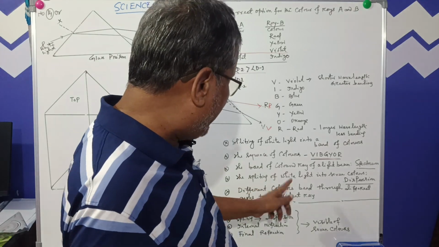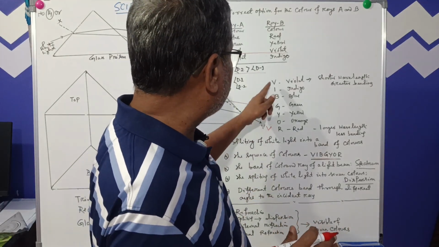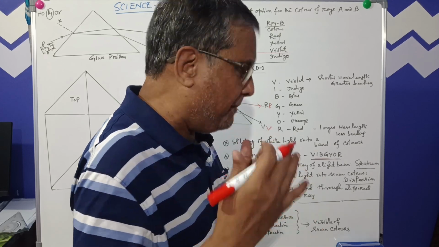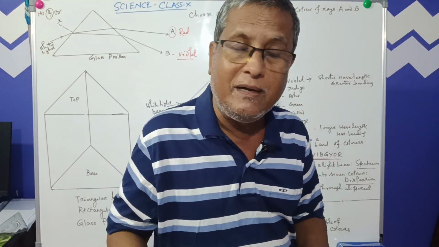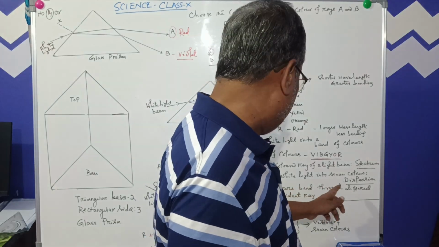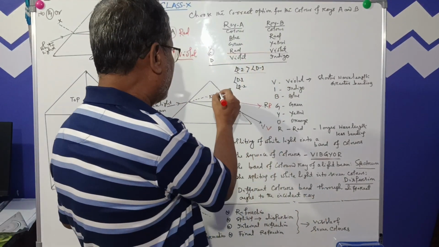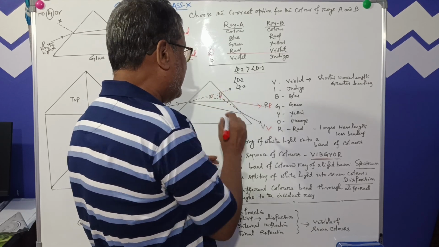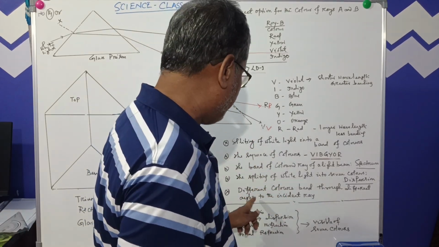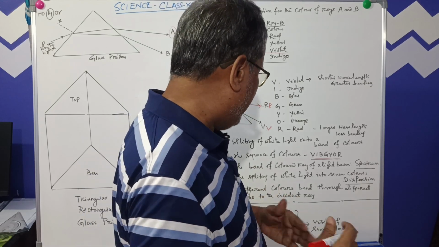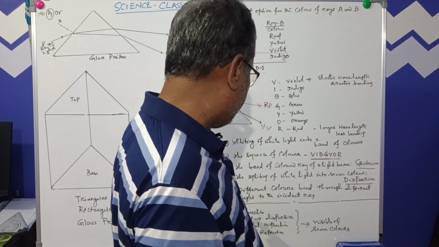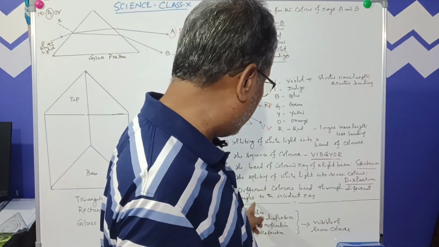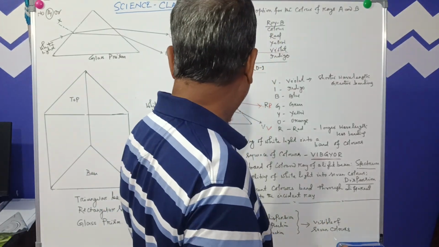Okay, so different colors, right from red to violet, bend differently, through different angles. You see this angle is greater, this angle is the greatest and this is the lowest, and between them the different colors form different angles to their incident ray.